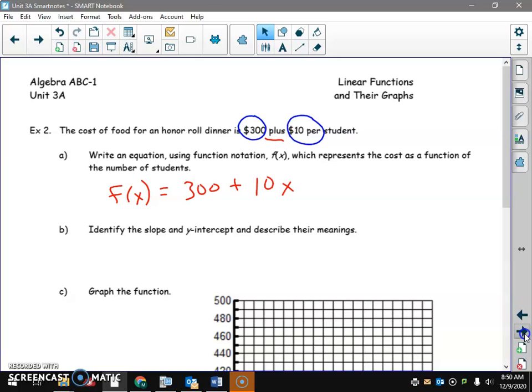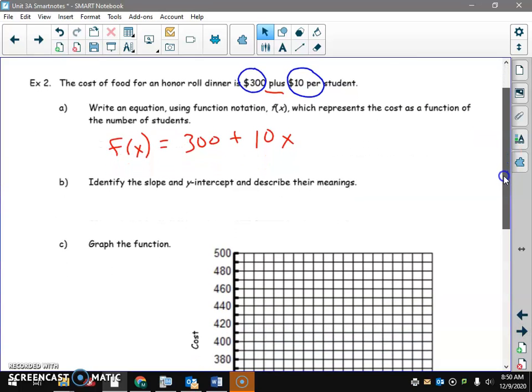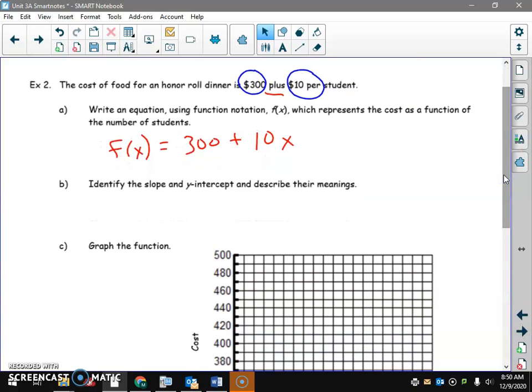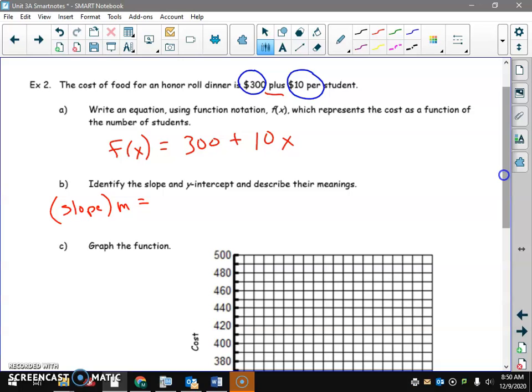So now, what is the y-intercept? What is the slope? We said the slope is m, and m is the number next to the x, which in this case is 10. What is that 10? Oh yeah, that's the cost per student. Tell you what, I like to write the word per. I'm changing that.